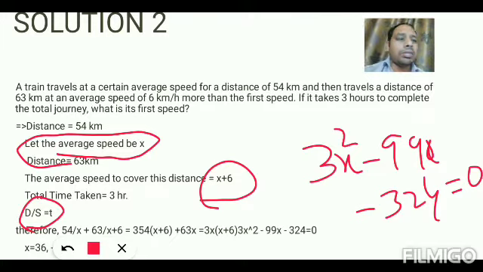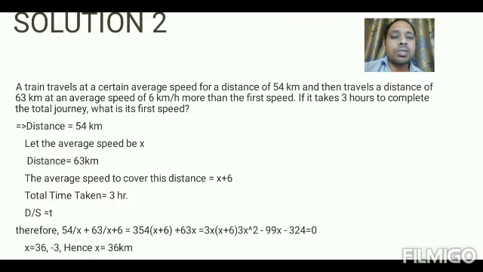And if you solve this one, you will get x equals 36 and x equals minus 3, but x equals minus 3 is not possible, therefore x equals 36 is the answer. I think it is clear to all of you.